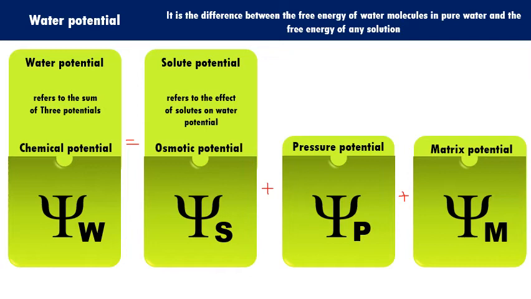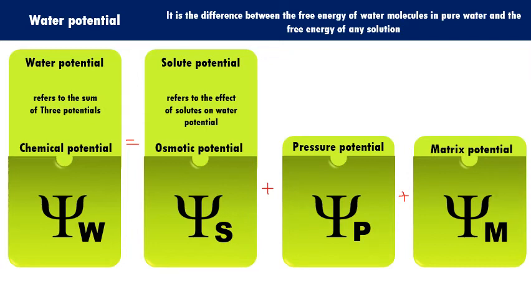So it is also called solute potential or osmotic potential, OP. It is a very important term which we are going to explore in further classes. It refers to the effect of solutes on water potential.